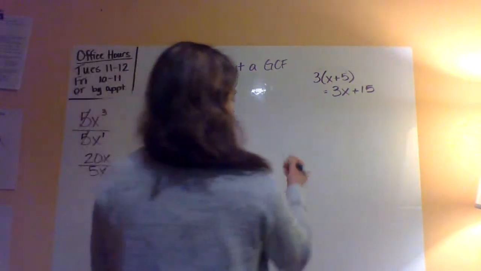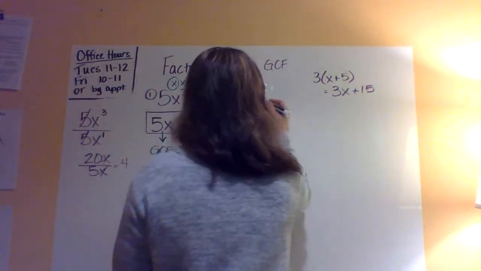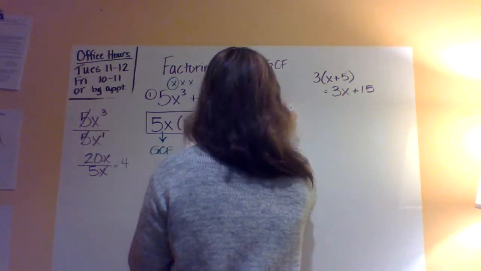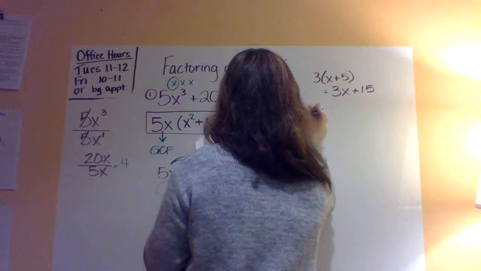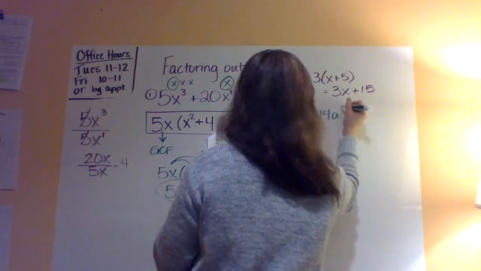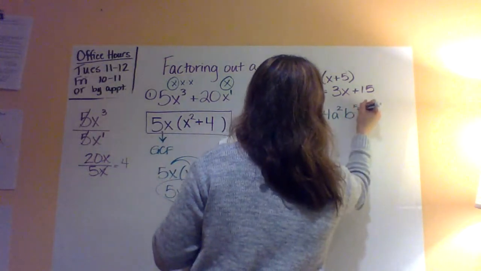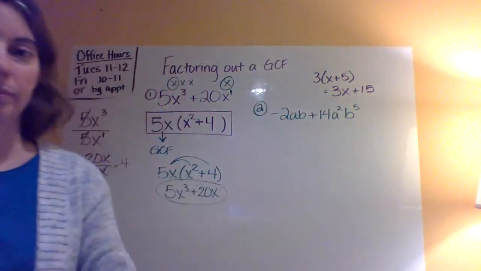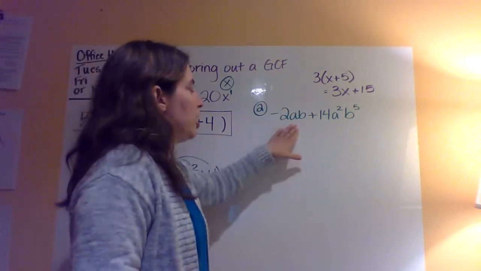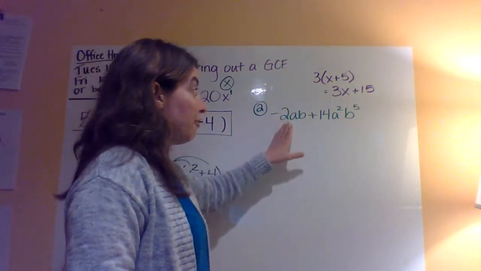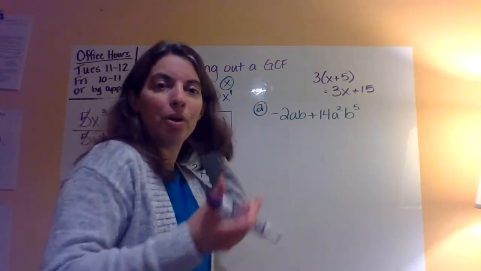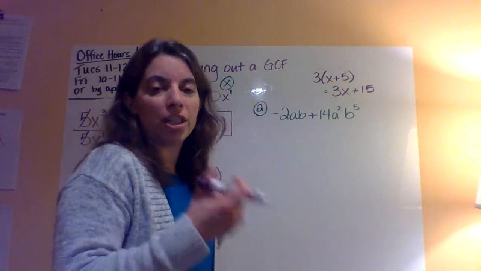Okay, let's do a second one. All right, negative 2ab plus 14a squared b to the fifth. Now, when we have a leading coefficient that's negative, so the coefficient is the number in front, when the first one is negative, often we pull that out so the GCF is negative.